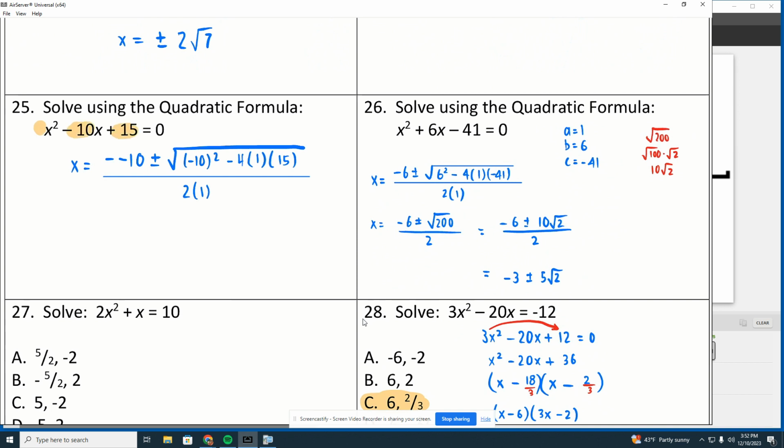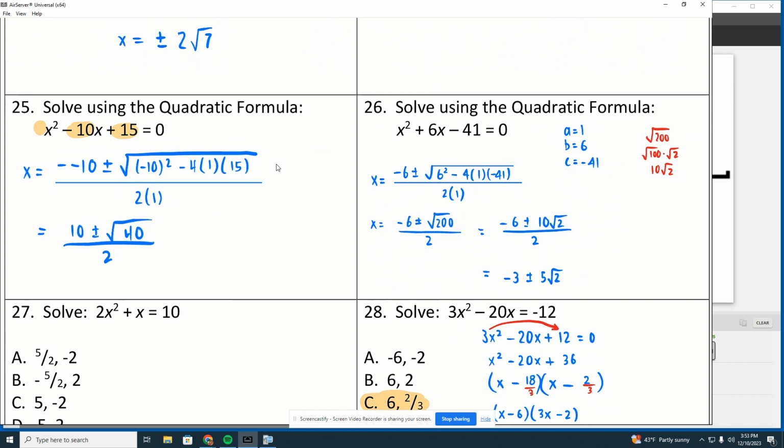So here we go. Let's clean it up a little bit. Minus negative is positive 10 plus or minus the square root of. I went ahead and typed this into my calculator, and I got 40. And of course, 2 times 1 is 2. Now over here to the side, let me make a little bit of space.